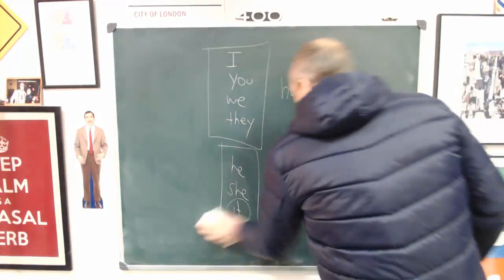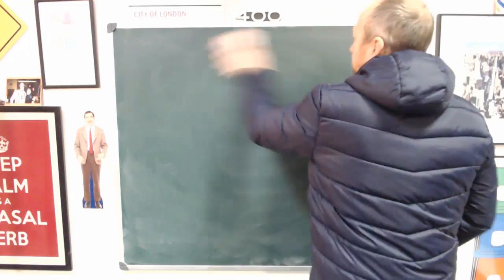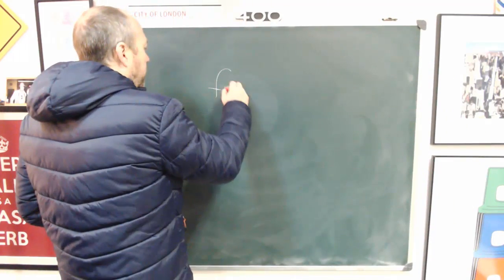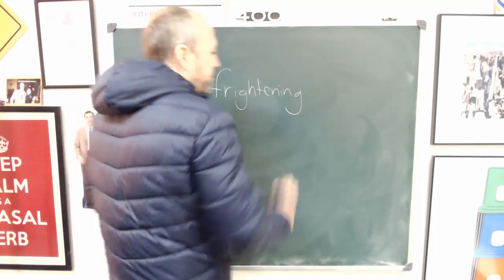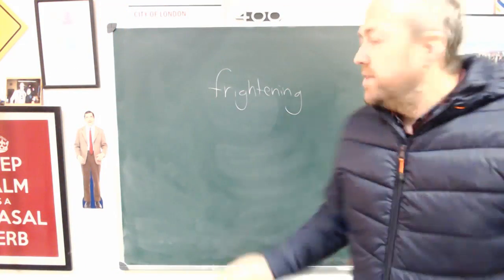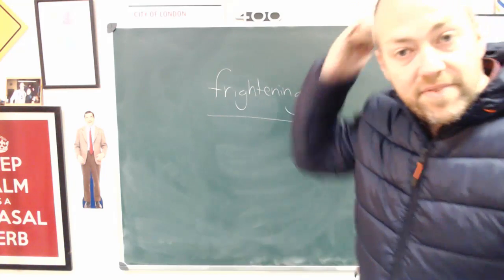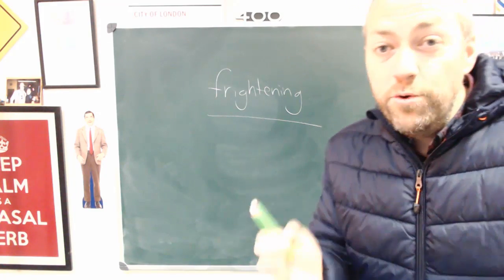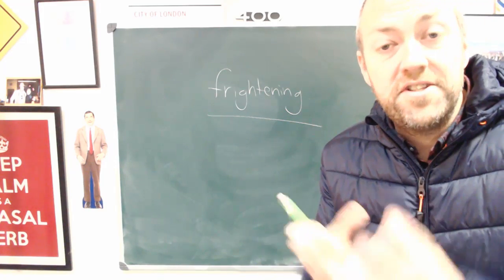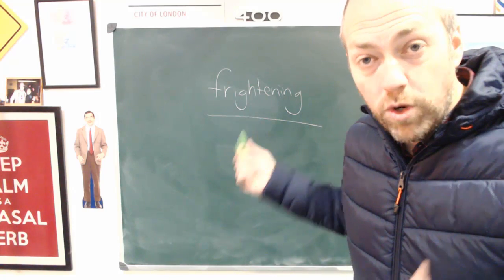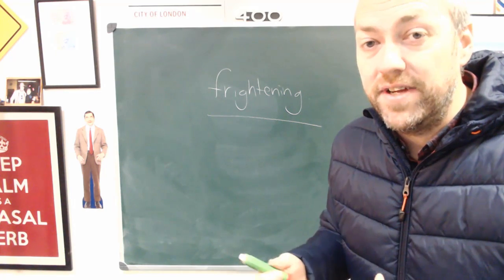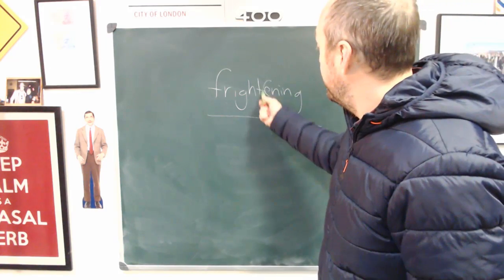So I have another question here. How do we pronounce the word frightening? Basically, the only difference between the different dialects of English in the pronunciation of this word would be this letter here.